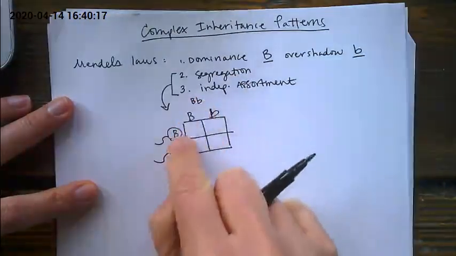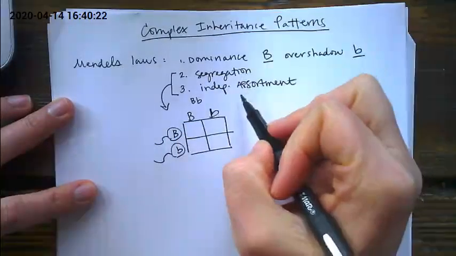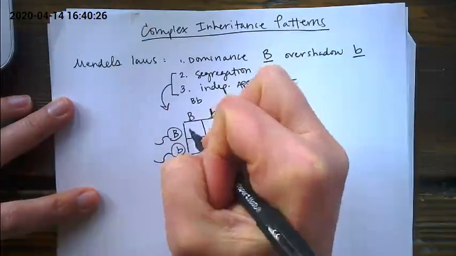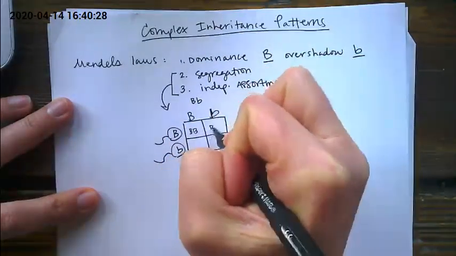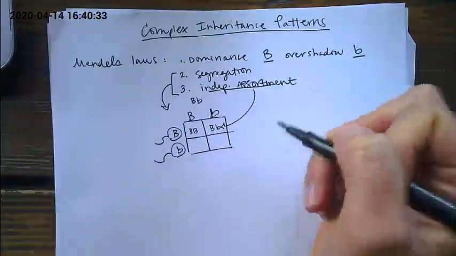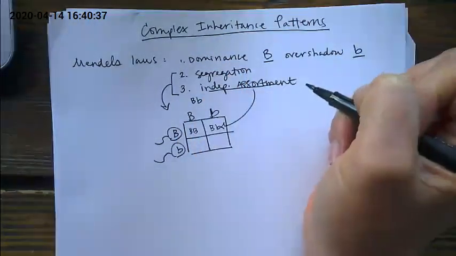In the person they're together, but when they're made into sperm, they are separated. And then independent assortment is demonstrated by how those get together on the inside. So independent assortment is demonstrated inside the box, and segregation is on the outside of the box.